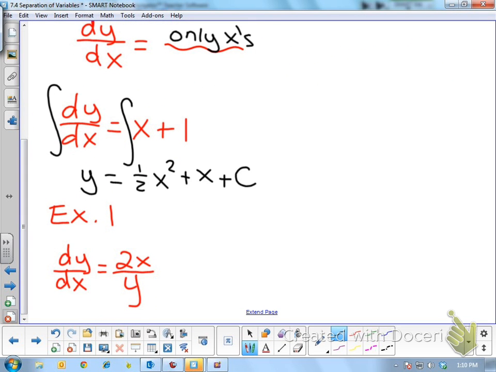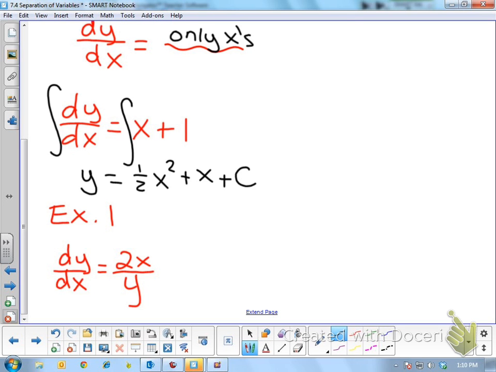So the difference between what we did last time and what we're going to do this time is now we have x's and y's together on the right side instead of only x's. I cannot integrate when I have x's and y's together unless I am doing multivariate calculus, which we are not doing. So I can't just go straight to integrating.